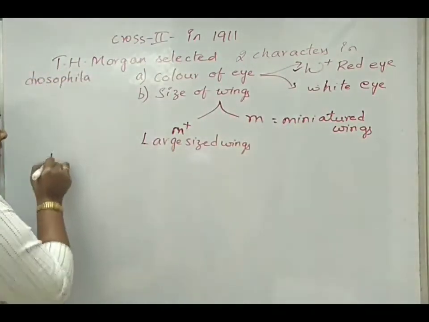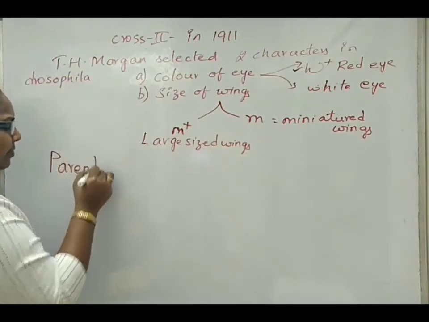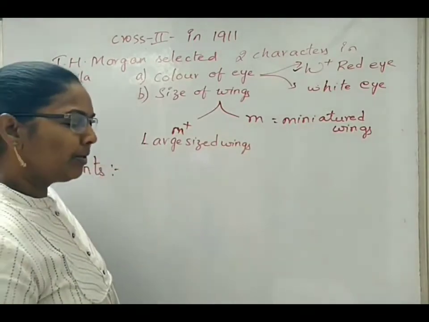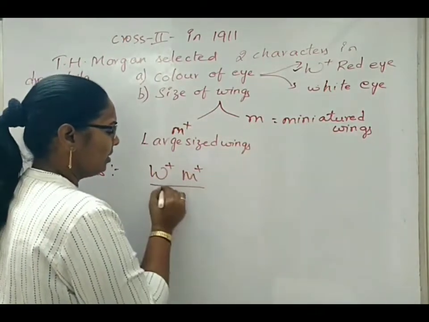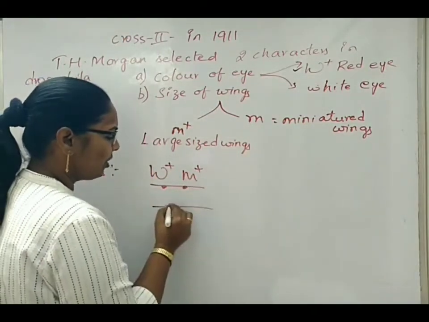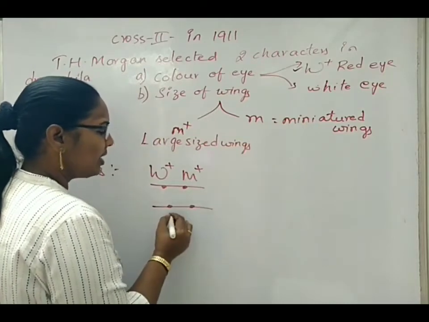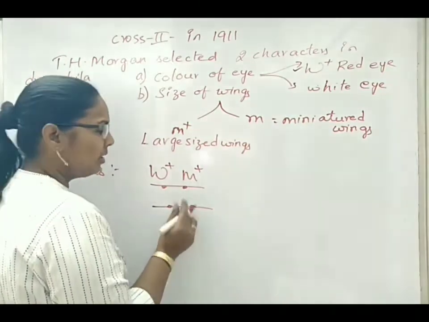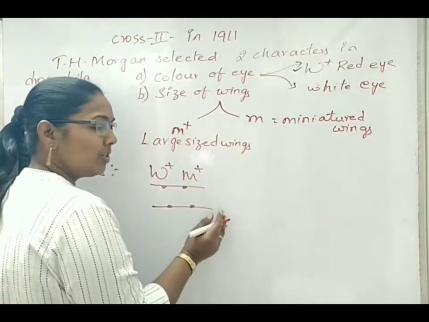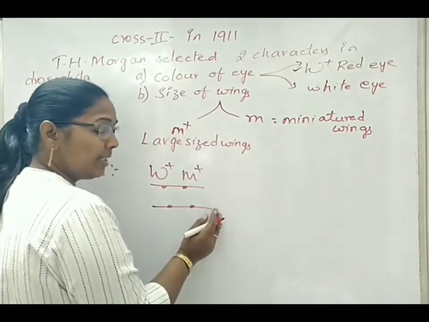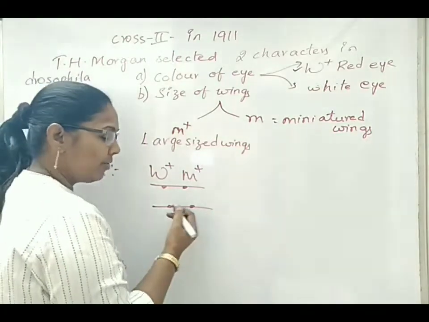Now let's take initially the parents. With what type of genotype do they exist? These are the X chromosomes of the female. When genes are giving out so and so character, there will be dominant alleles and also recessive alleles. That means the gene is getting expressed in contrasting forms.